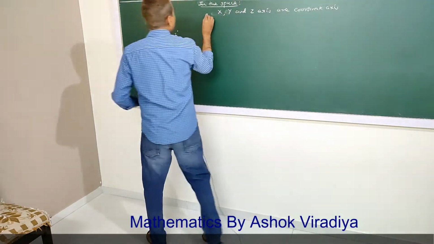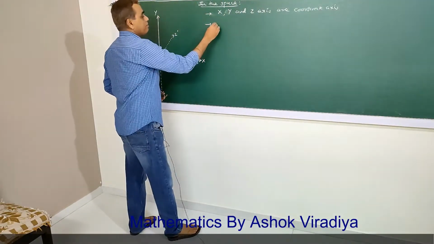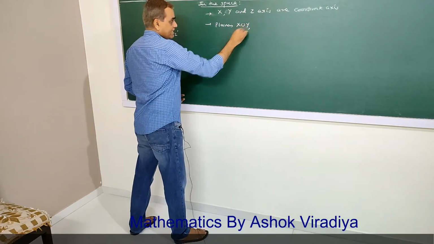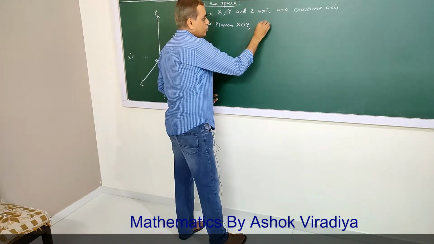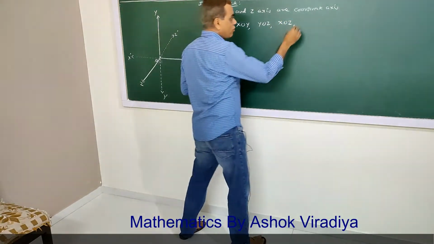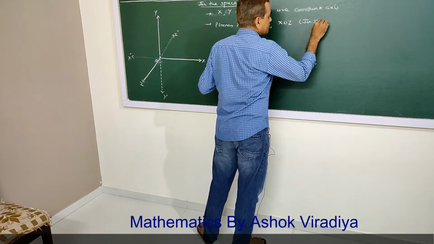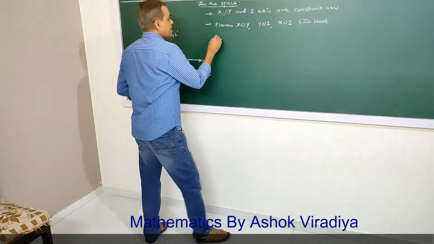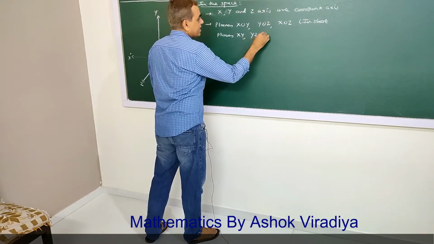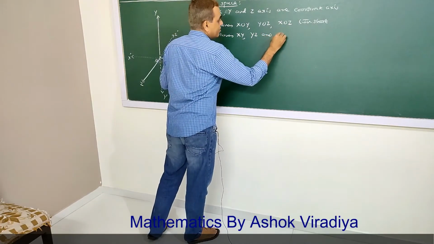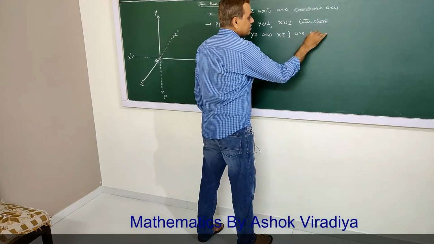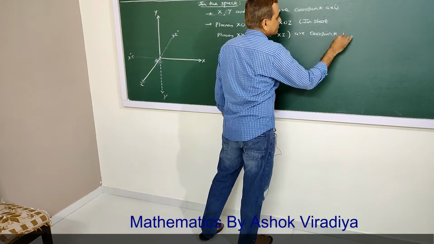So here planes XOY, YOZ, XOZ. In short, planes XY, YZ and XZ or ZX are said to be coordinate planes.